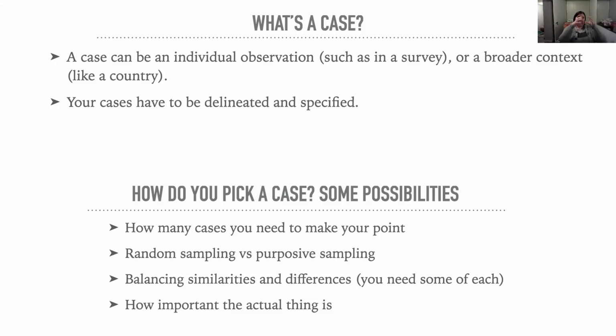Large N research involves having a lot of observations. In some cases, those observations are countries. Remember, I've given you the quote from a text saying, here's why we could only look at 80% of the countries in the world, the other 20% we didn't have data for, right? So their data set was as big as the number of countries they could get observations for. That was their N, right?